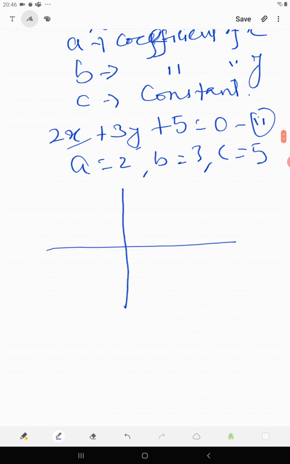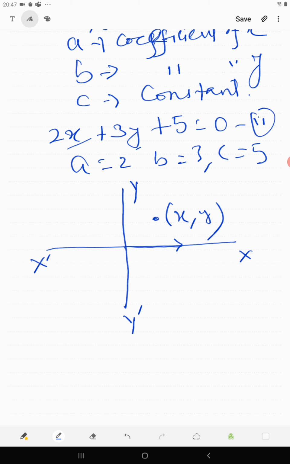So you know any point in a two-dimensional coordinate system can be represented in the form of x comma y, where this is positive x, this is negative x, that is x dash, this is positive y, and this is negative y, so negative y is y dash and positive y is y only.